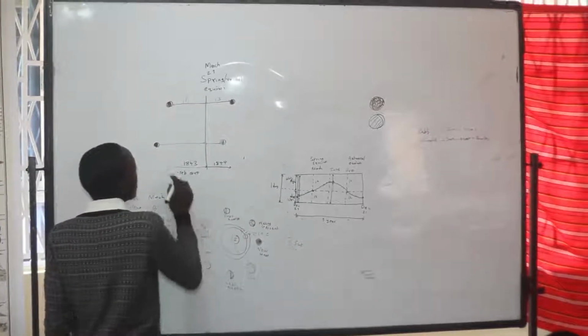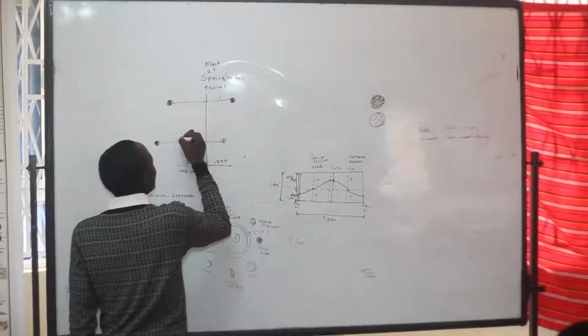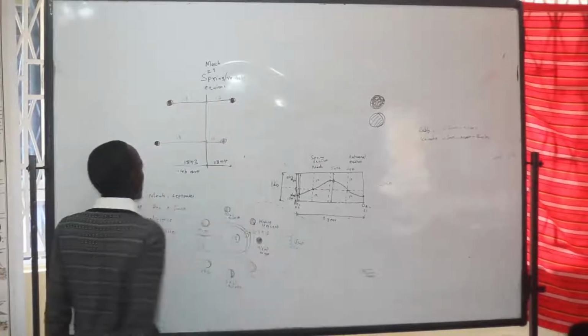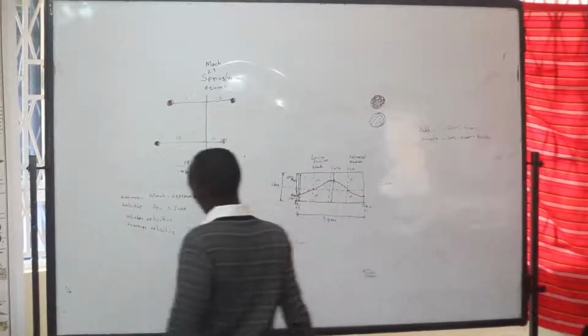Then we come here and say, this will be 19 and 10. So we want to understand how the rabbis use the moon.